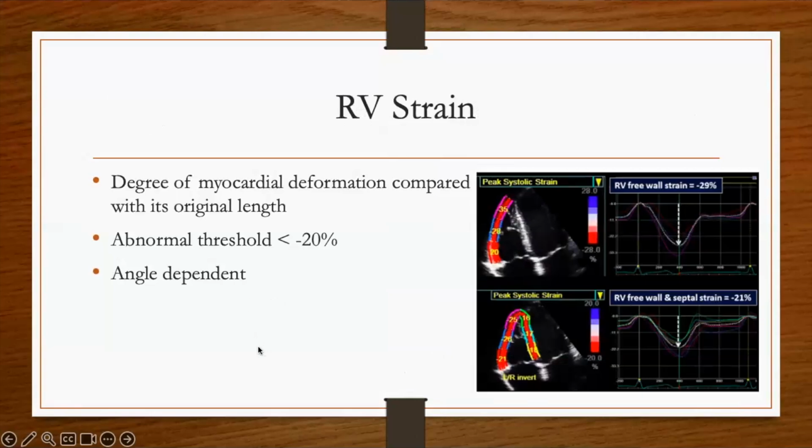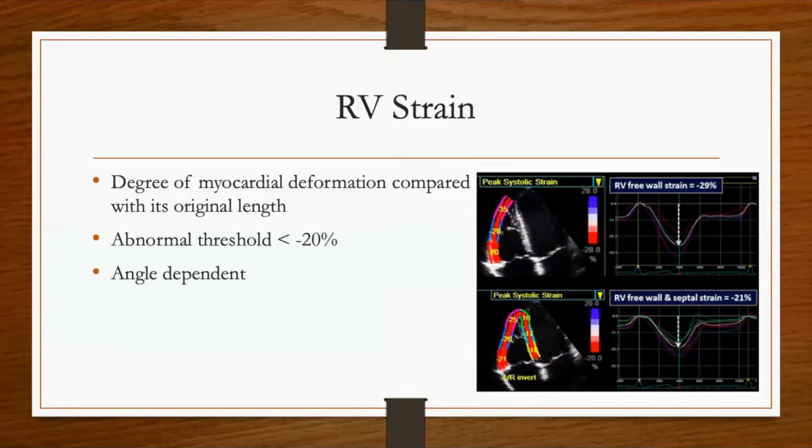So moving on from there, I'll just mention the next two slides. Right ventricular strain is another method of assessing RV function. There is a degree of variability between vendors and between different device manufacturers, and I think in the 2015 guidelines, it's not formally recommended as a way of assessing the RV function.